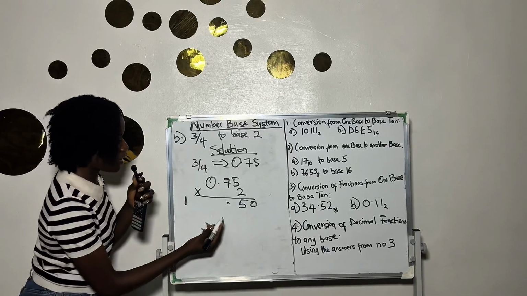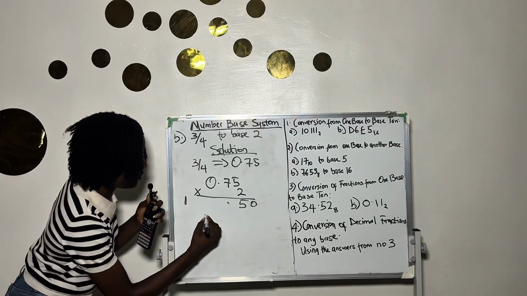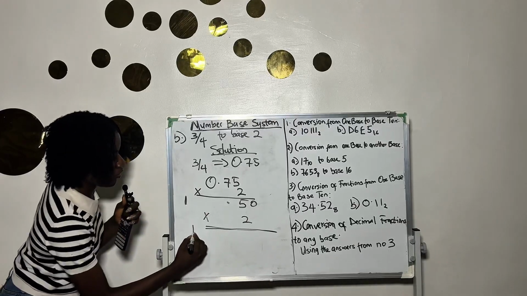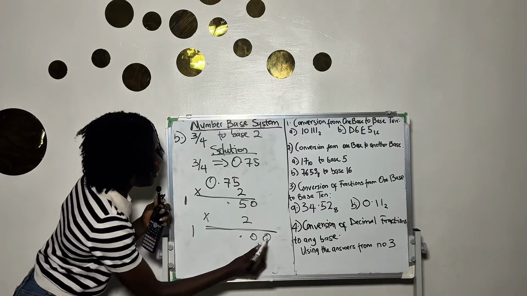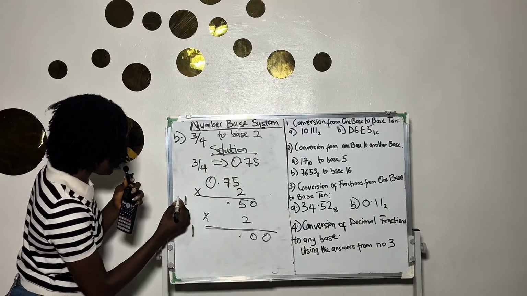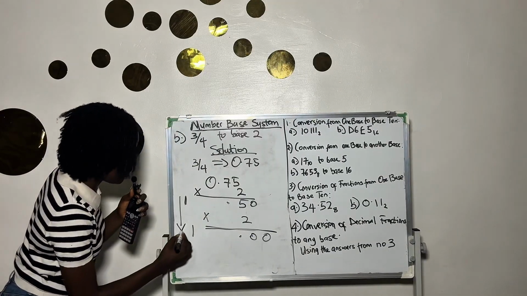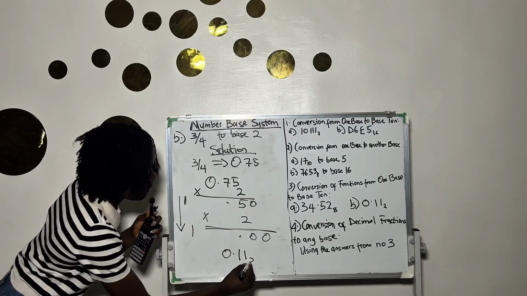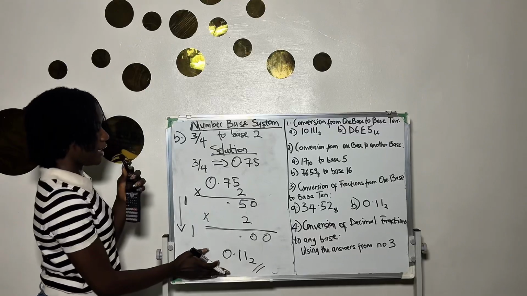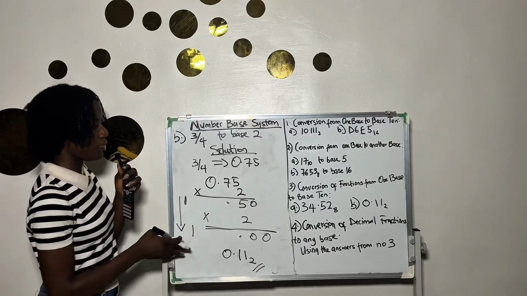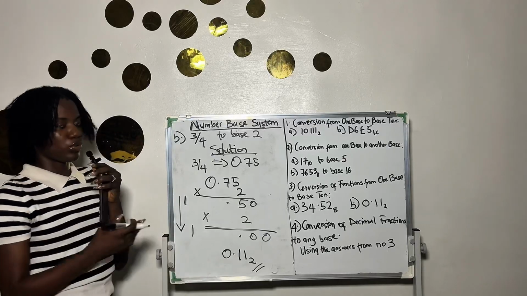Now 1.50 times 2, this will give us 1.00, and this 00 means that we are done. We're taking this downward, which is giving us 0.11 base 2. We have finally converted 3 over 4 base 10 back to base 2, giving us 0.11 base 2.